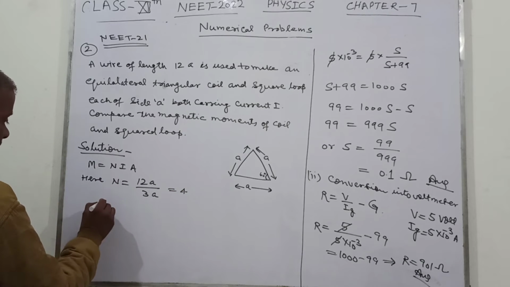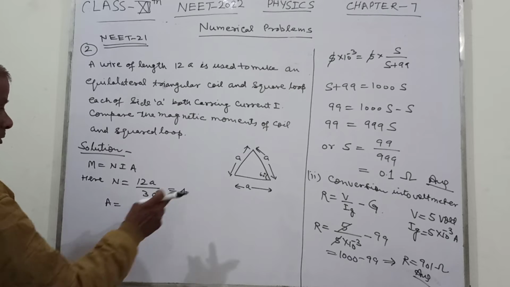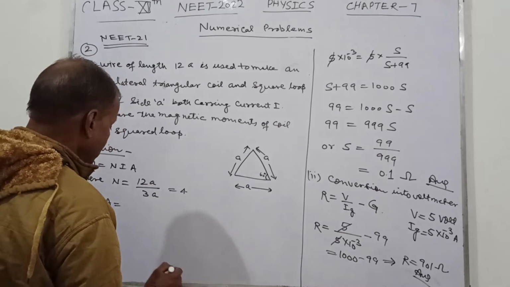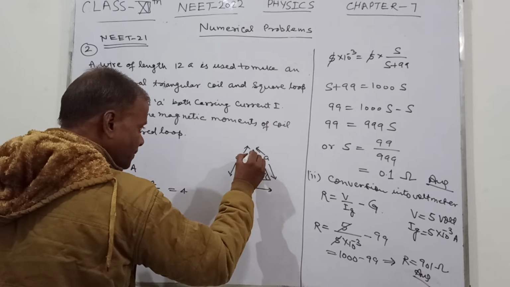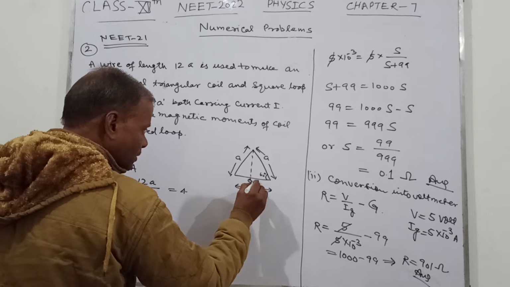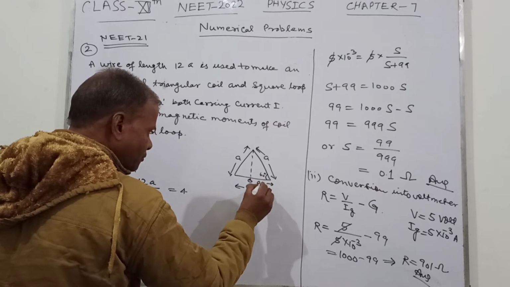I is the current. Now the area of this triangular coil: suppose this is point O, then this distance will be A by 2.